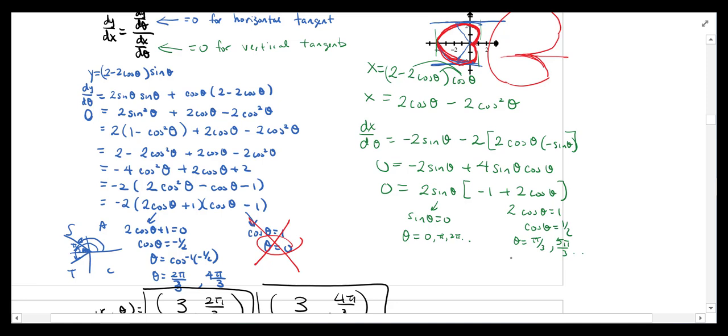Let me look at pi over 3. That will just give me the r value of 1. 5 pi over 3 is also the r value of 1. And then 0 doesn't make sense, but pi sure does. 2 pi does not.